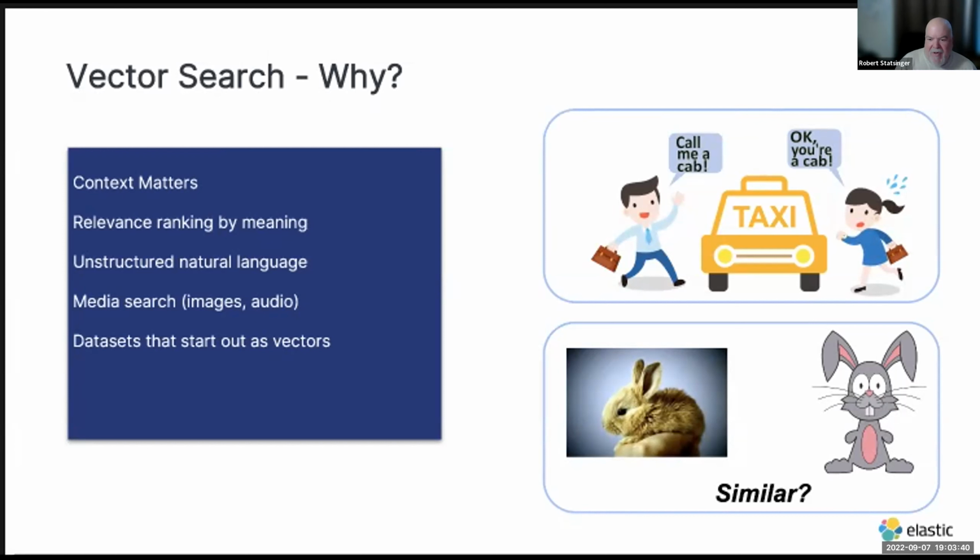Redefining similarity as the nearness of pieces of data in a vector space allows us to capture the relationships and context that would be very difficult or even impossible using traditional search techniques.